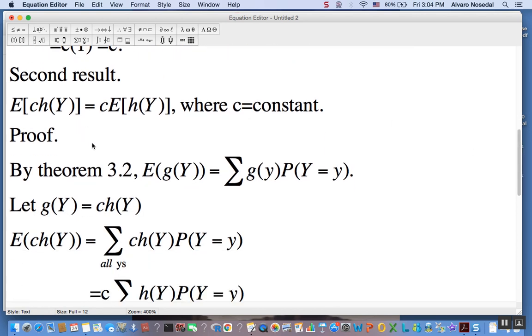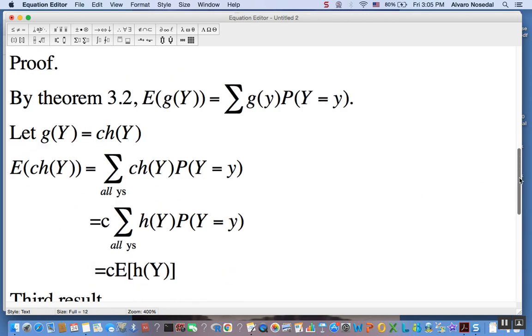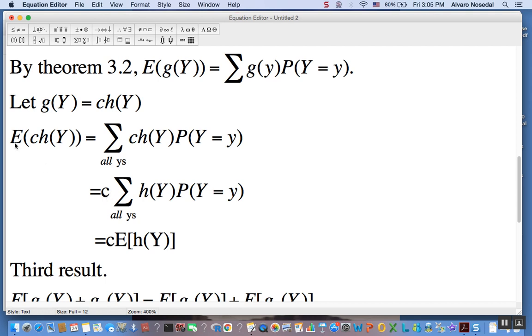Theorem that says, hey, if you want to find the expected value of c times h of y, or g of y, a transformation of your random variable y, what you get to do is this. You get to pull out that constant, right? So the expected value of a constant times a transformation of your random variable y equals the constant times the expected value of your transformation. Okay? Okay.